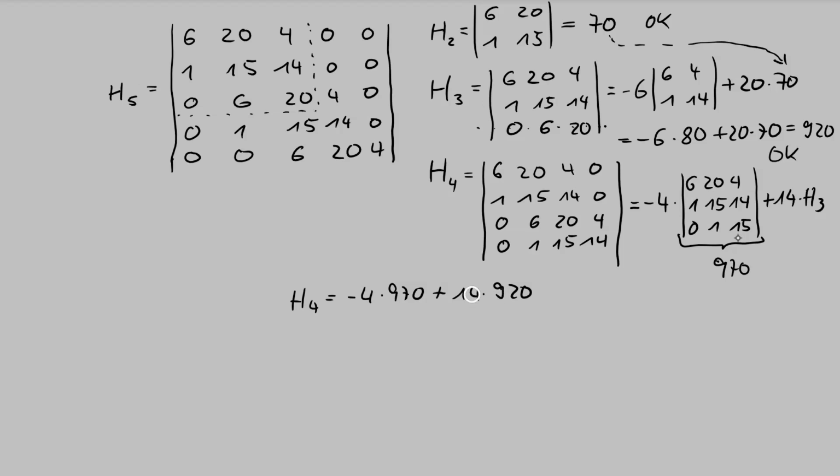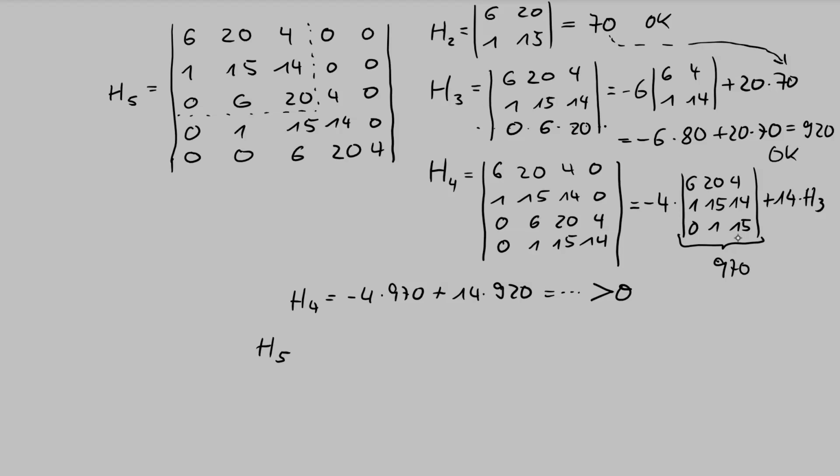You see, 14 times this minus 4 times this cannot be negative, so it is not necessary to calculate the final number. We can see exactly this is larger than 0.